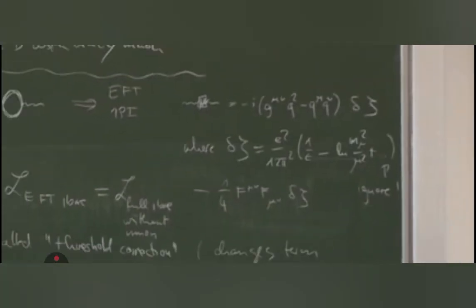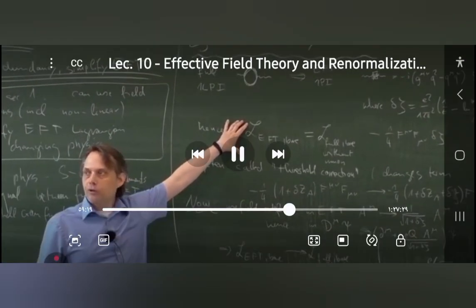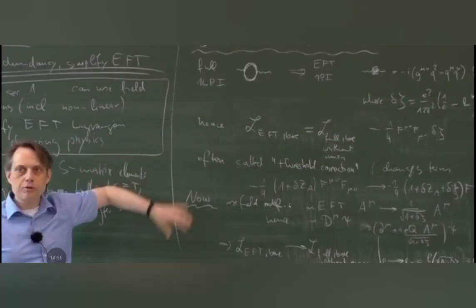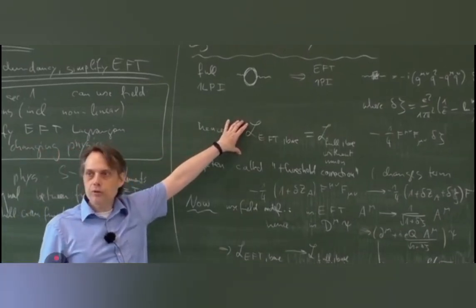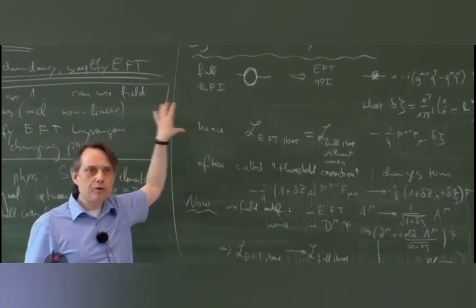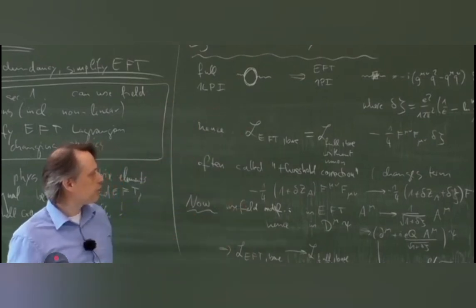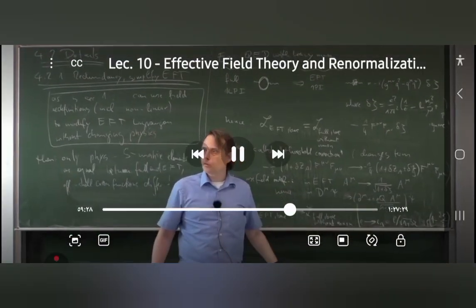Constructively obtain the result of the exercise now by first matching the EFT in detail to every single Feynman diagram in the full theory, then doing this field redefinition and obtain the change in the coupling constant.